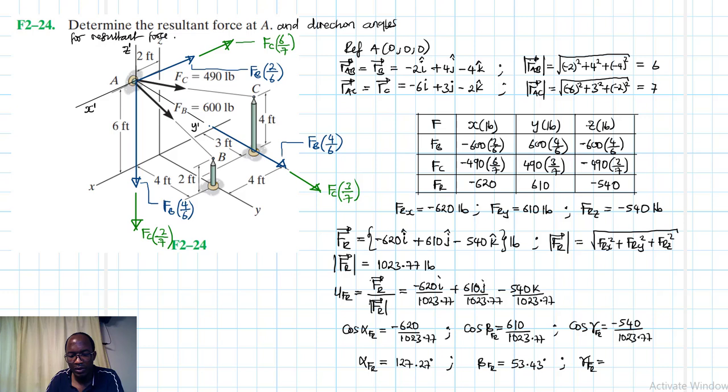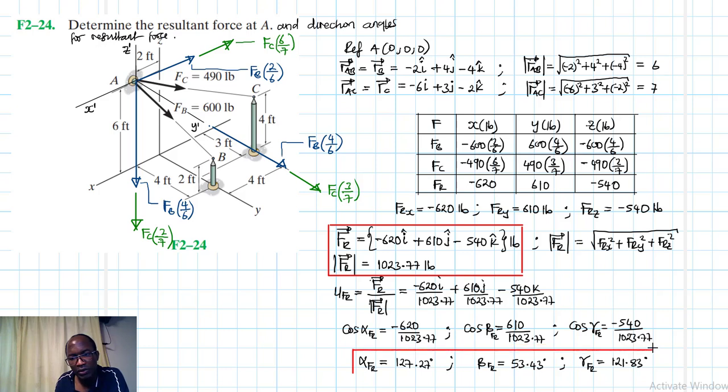Cos inverse of that gives us 121.83 degrees. Alright, I guess we are done. We found the resultant and its magnitude. We also found the directional cosines or directional angles for the resultant.